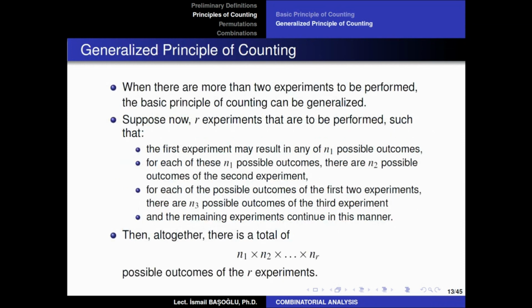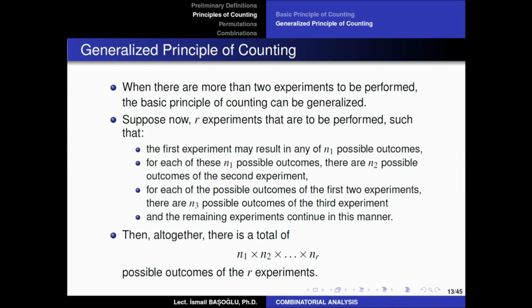Now, we can generalize this basic principle of counting, and that is going to be called the generalized principle of counting. In this case, we will assume that we have more than 2 experiments. So we are performing more than 2 experiments, and we are going to generalize the basic principle of counting. So let's assume that we are going to perform our experiments. The first experiment may result in any of n1 possible outcomes.